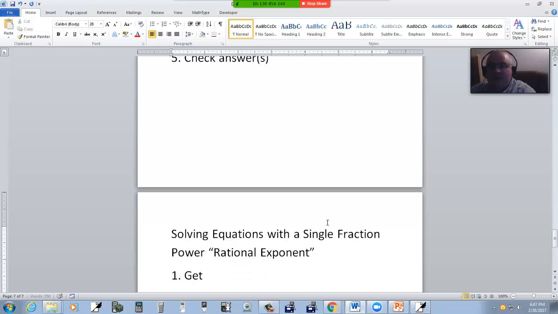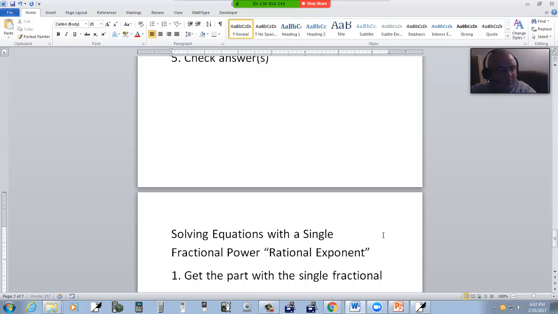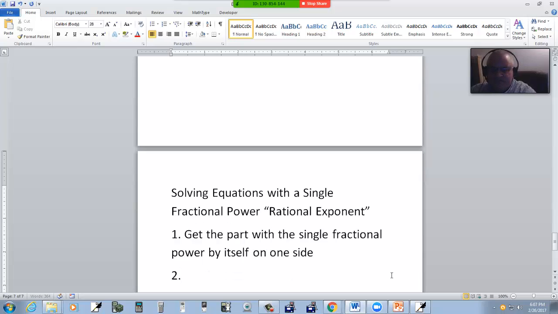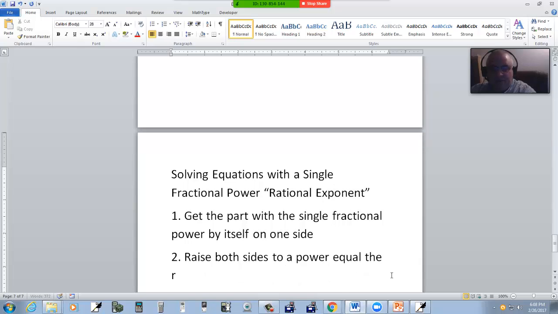Step 1. Get the part with the single fractional power by itself on one side. We'll see an example then. Step 2. Raise both sides to a power equal to the reciprocal of the fractional power.